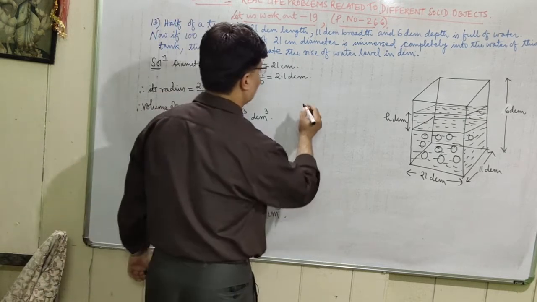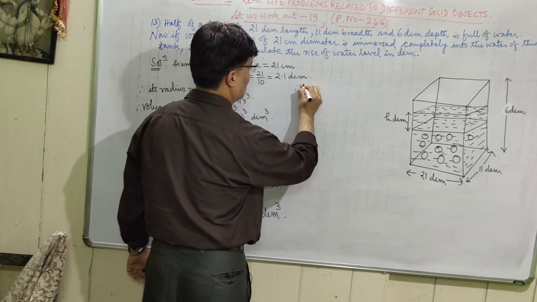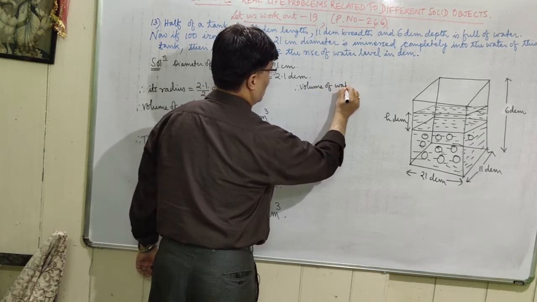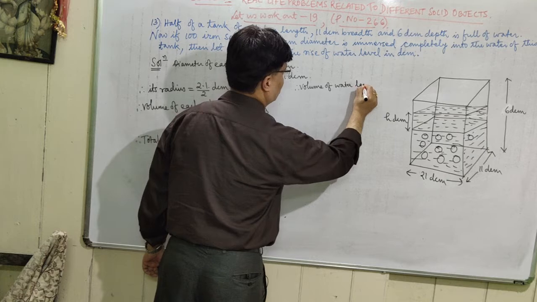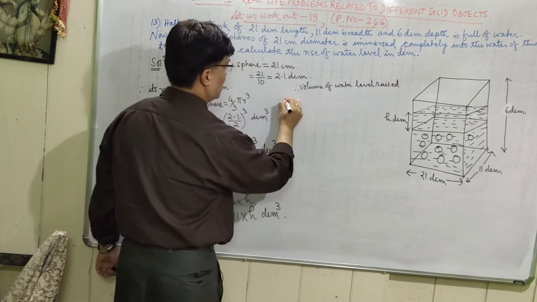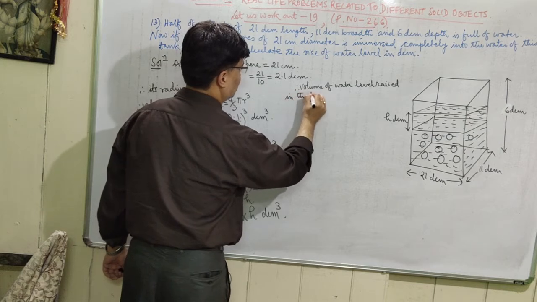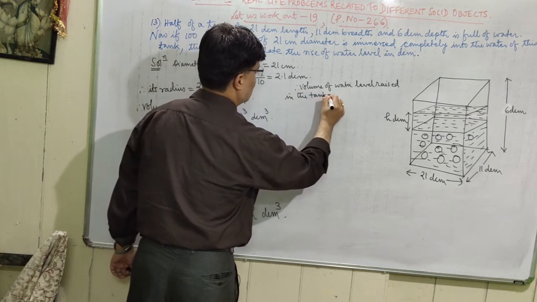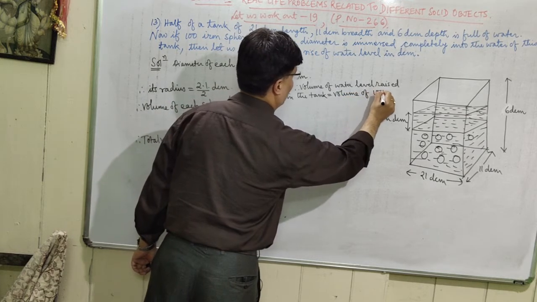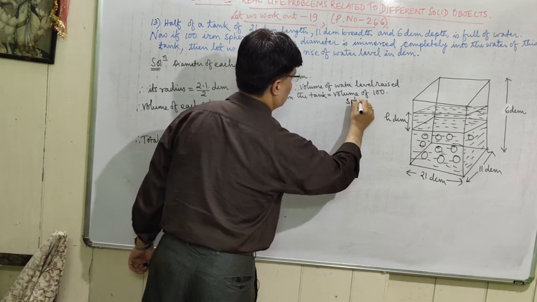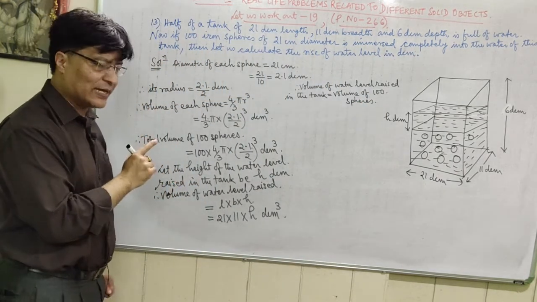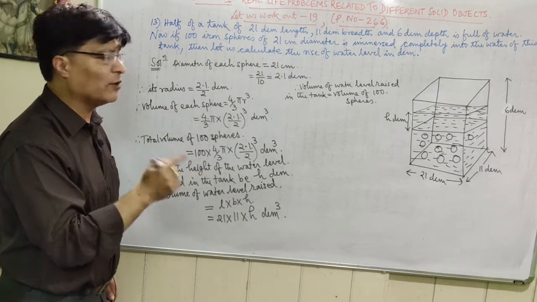So let us write here, therefore, volume of water level raised in the tank is equal to volume of 100 spheres.